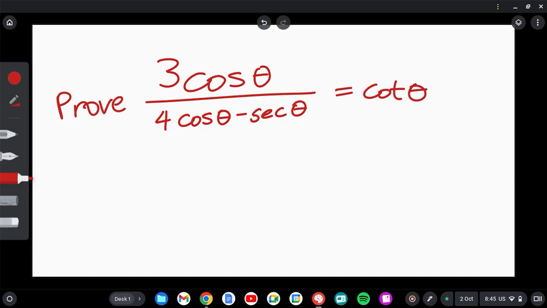For example, this one I know is not very solvable, but let me just explain what you should do first. Step 1, simplify this side of the equation first.